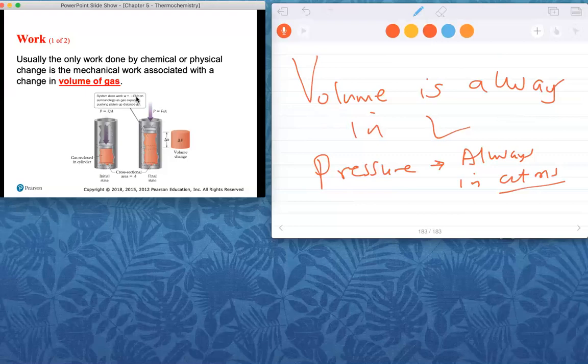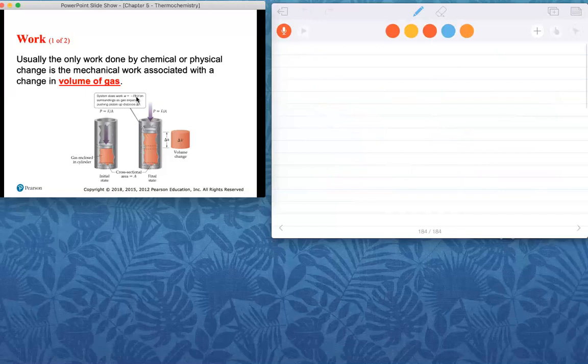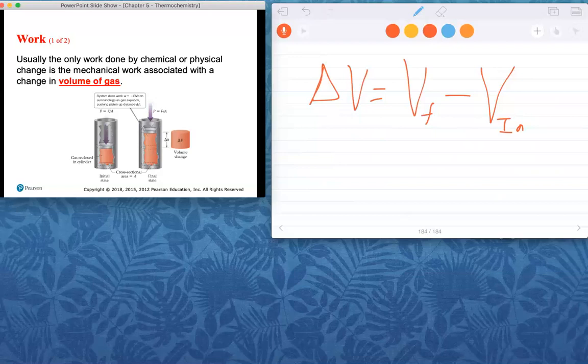W equals negative P times change in volume. Change in volume is V final minus V initial.